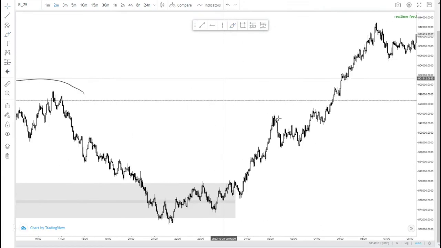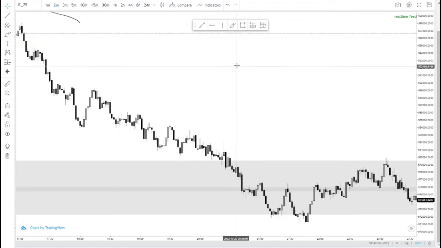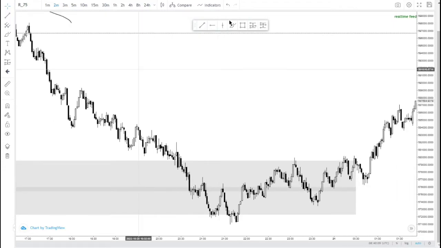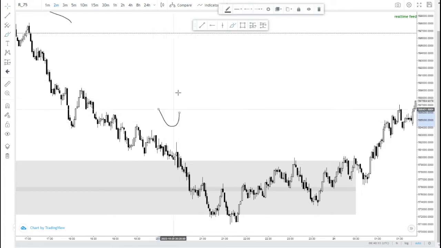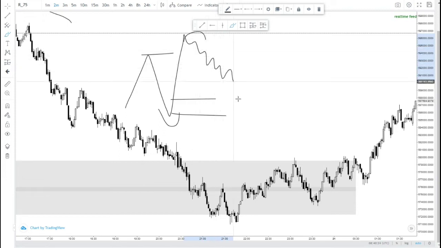So from this area here, let's now drop down in here, zoom in, and see how we could have taken this entry. As I said, once a low and a high are made, when you have something like this, with this break and the S&D zone right there, price from here is going to put in an intermediary bearish trend to go and mitigate this area.